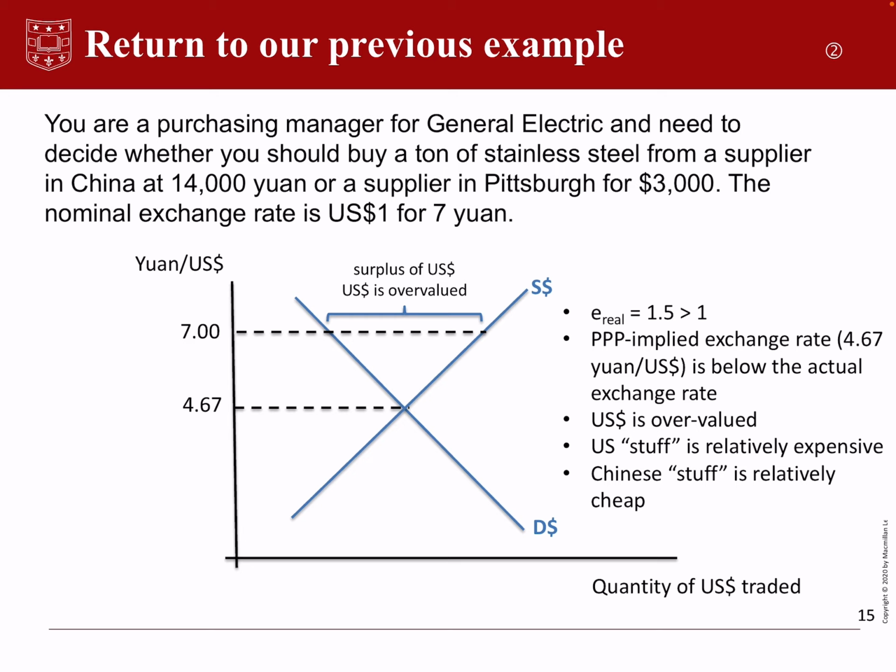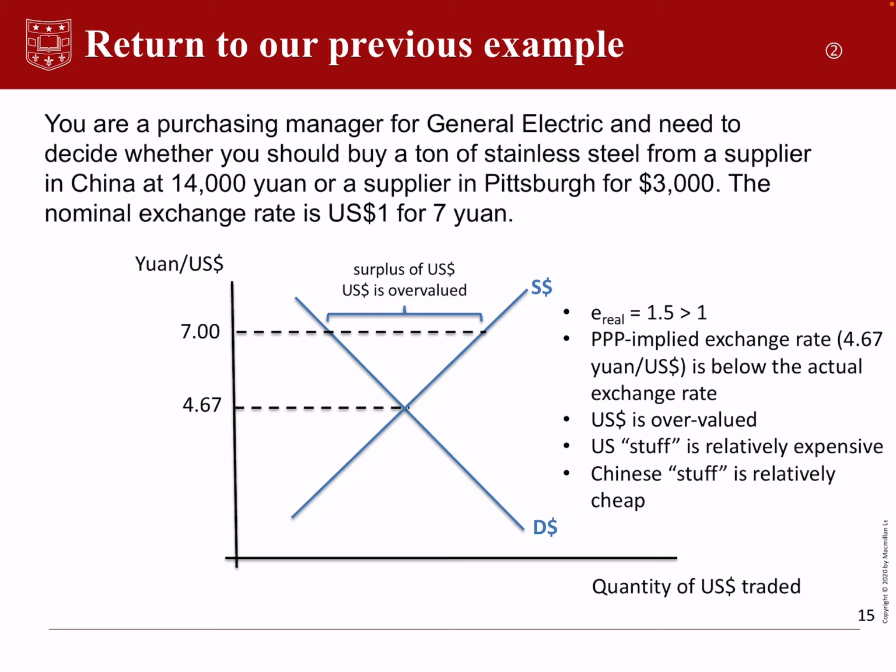So what do we have? I'm going to box out here a lot of different ways of saying exactly the same thing. If you're the purchasing manager in this example, you should buy Chinese steel.